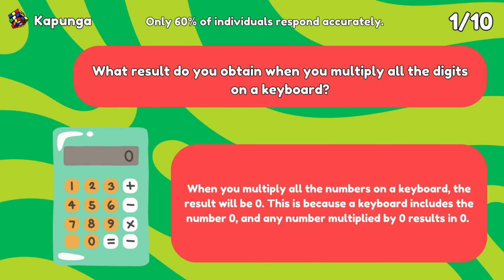When you multiply all the numbers on a keyboard, the result will be 0. This is because a keyboard includes the number 0, and any number multiplied by 0 results in 0.